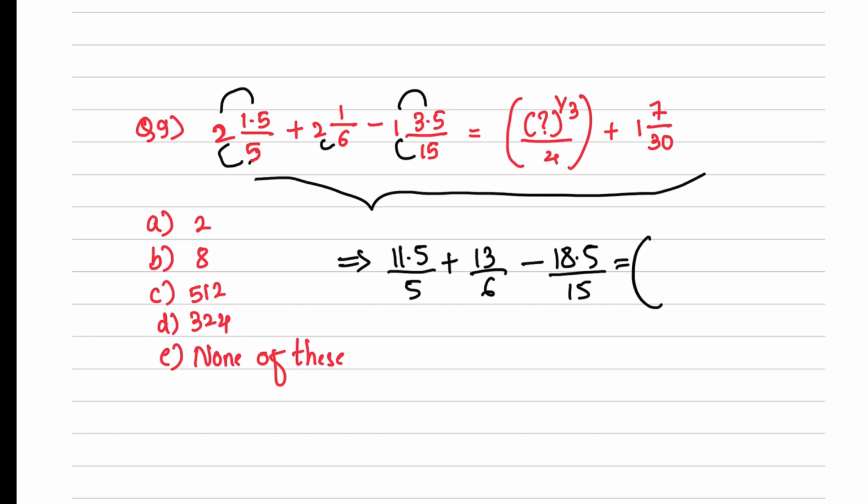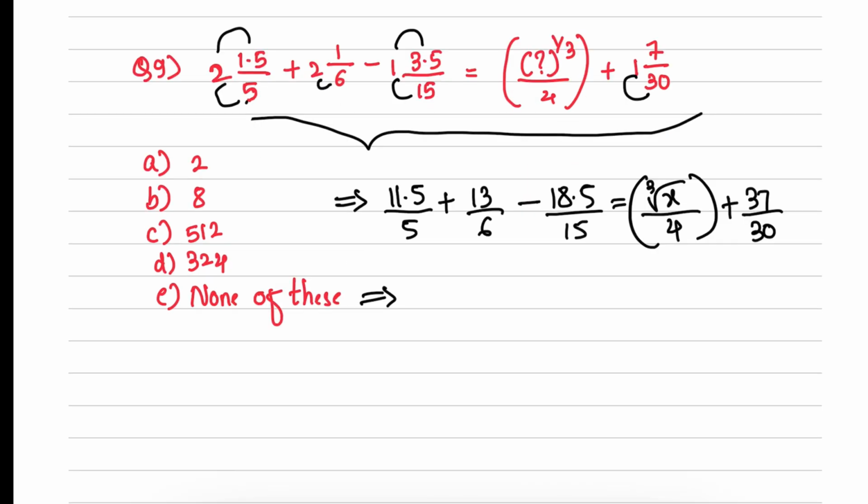we can take here x, it is cube root of x by 4 plus 31 is 30. 30 plus 7 is 37 by 30. See, 11.5 by 5, I will round off this to only 2, plus 13 by 6.